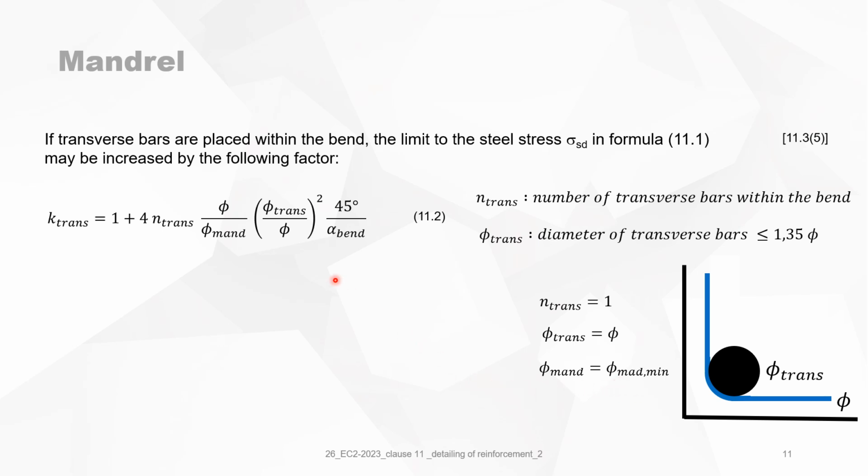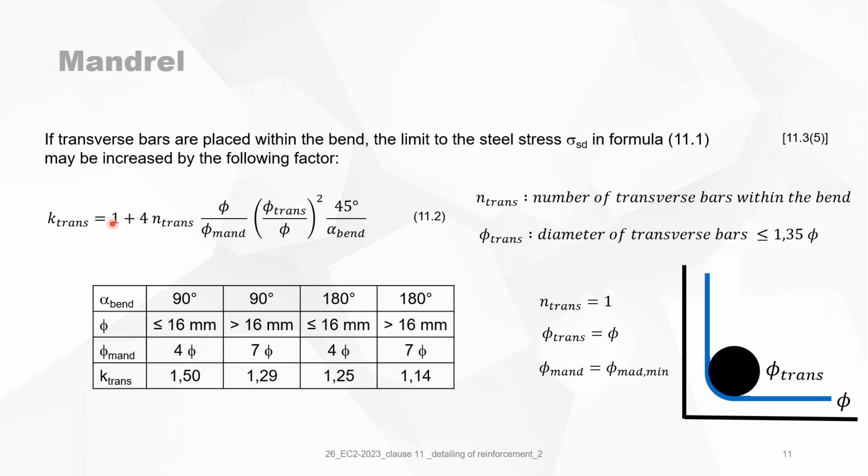Okay. And now we can see what will happen to the factor K trans. We have, in fact, 4 cases, 2 for an angle of 90 degrees and 2 for 180 degrees. And in the 2 cases for 90 degrees, we have a diameter of stirrup smaller than 16 and bigger than 16. The same for the pin, smaller than 16 and bigger than 16.